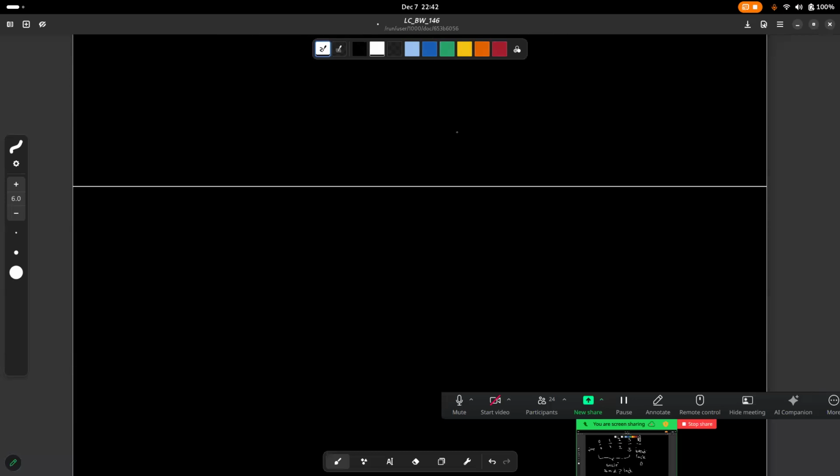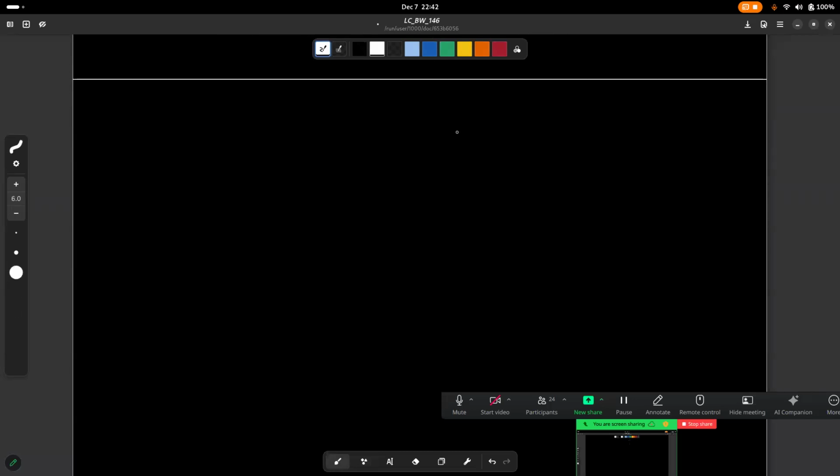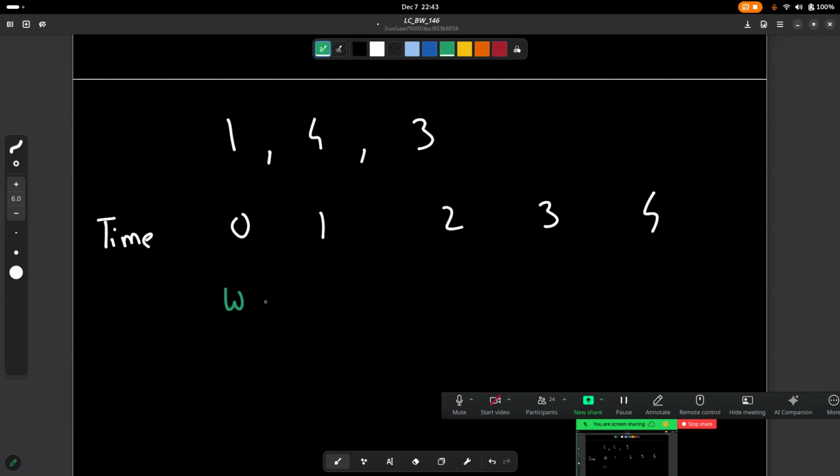So if you look at what happened over here, my initial lock was 1, then we broke the lock 4, then we broke the lock 3. So for lock number 1, this is my time. So time is 0, 1, 2, 3, 4. And so for lock number 1, I first waited over here. My strength became 1. Then over here, I broke my lock number 1.